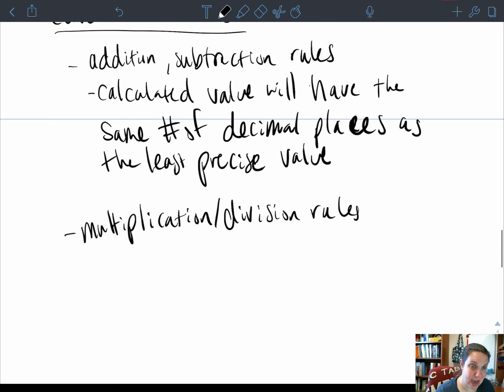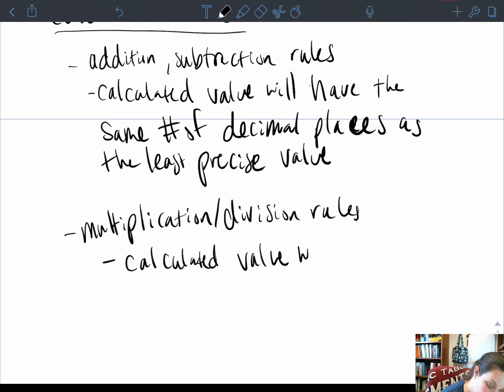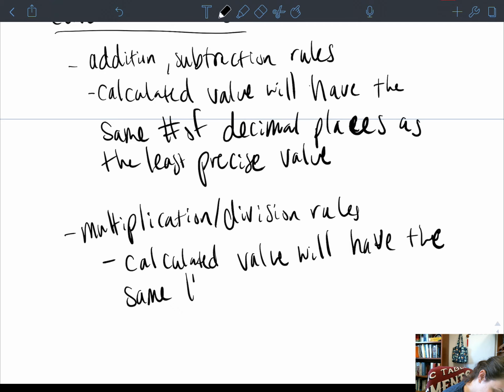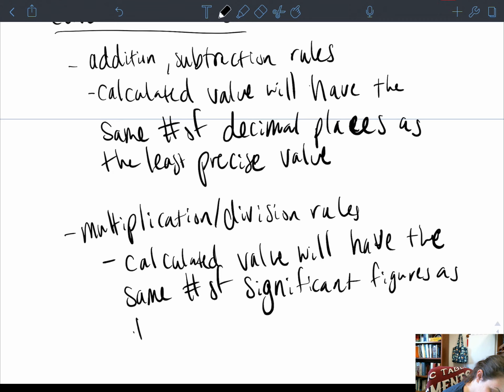If we have multiplication and division, the calculated value will have the same number of significant figures as the least precise value. So what you're starting out with.